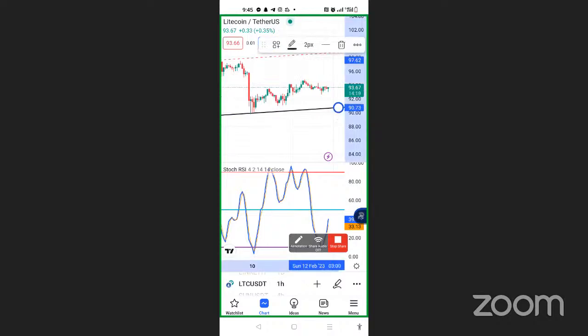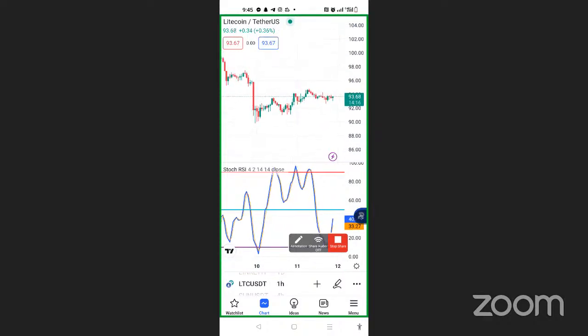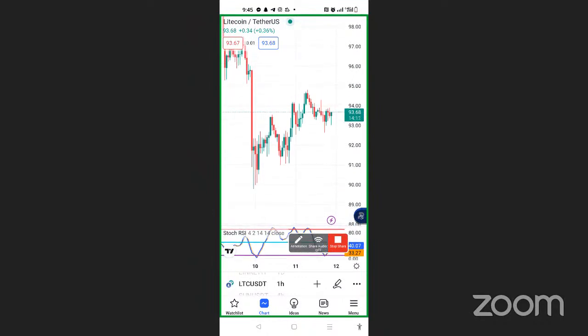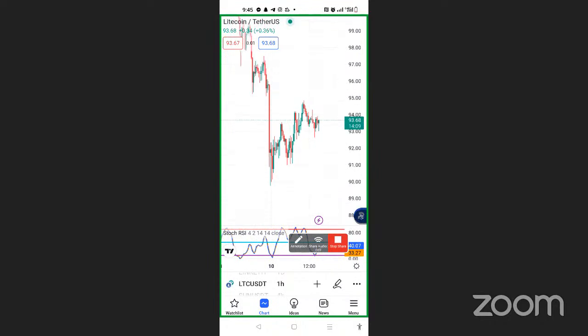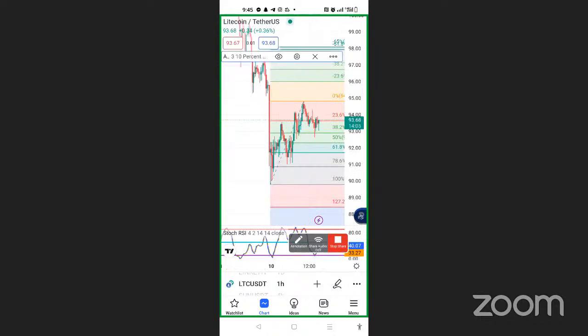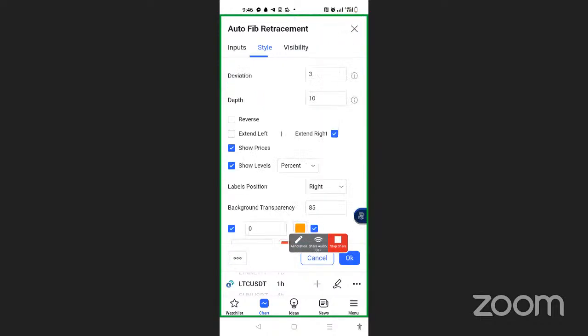I'm removing them just to explain better. Let me lower the stochastic. All right, this is our screen. So let me now add in the auto fib. Okay, there we go. Let's go to the settings of the indicator.